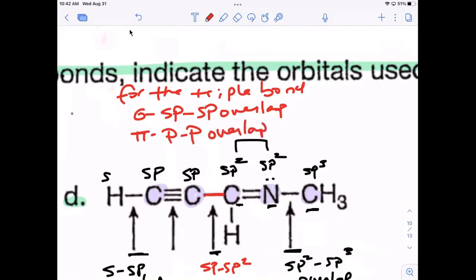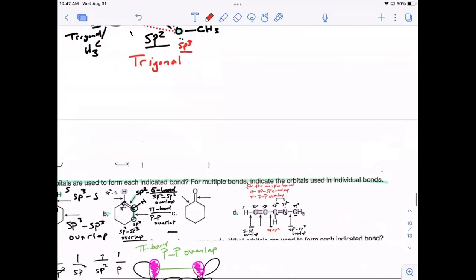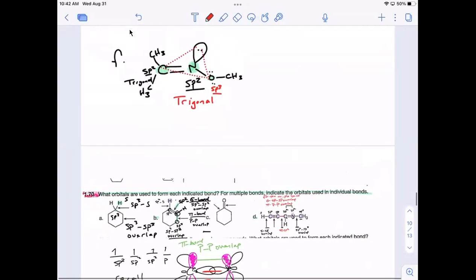Is that right? For both of them. Questions about that? Everybody got quiet. All right, we're good on that example? Okay, great.